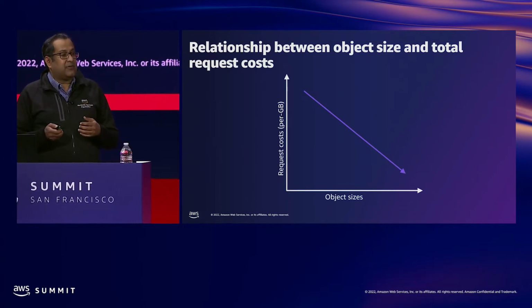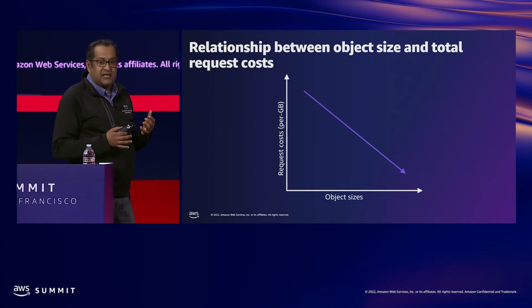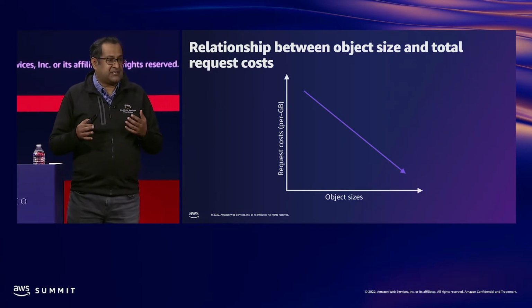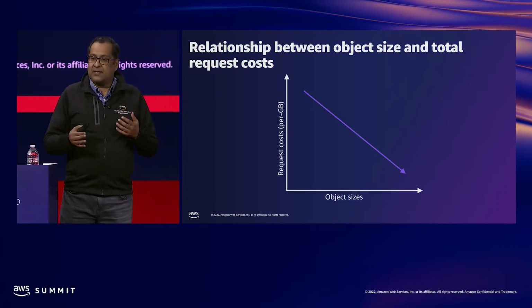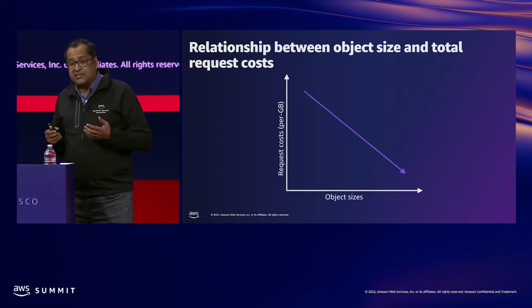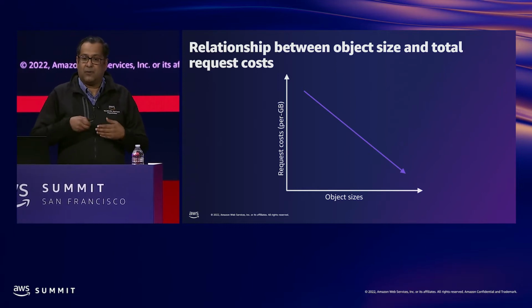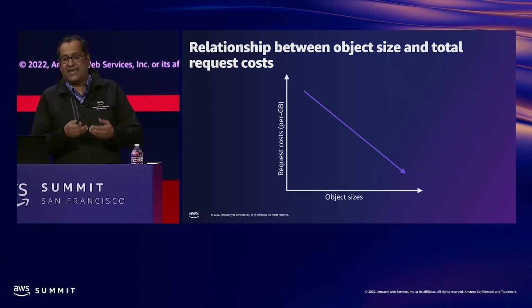The other thing that you need to think about is the relationship between your object size and your costs of requests. When you have your data in S3, you do pay a cost for putting the data, for getting the data, for accessing the data, right? You have the put API calls, you have the get API calls. There are costs to those calls.